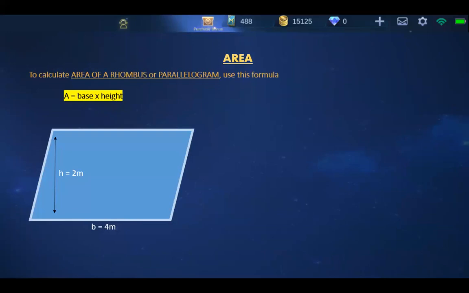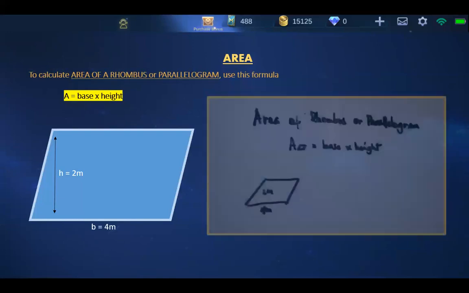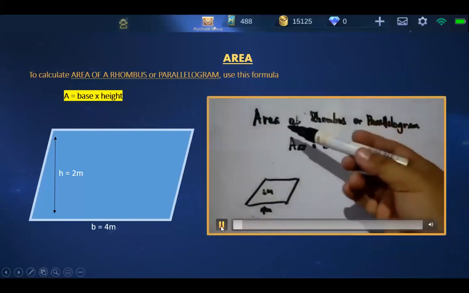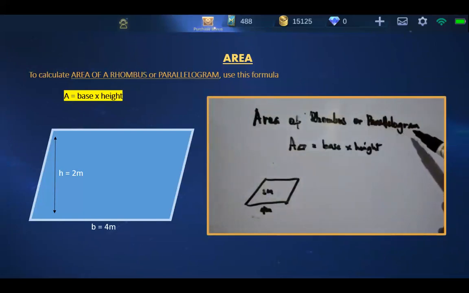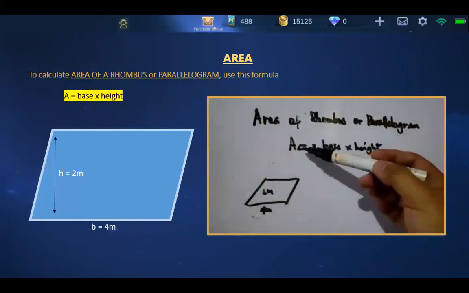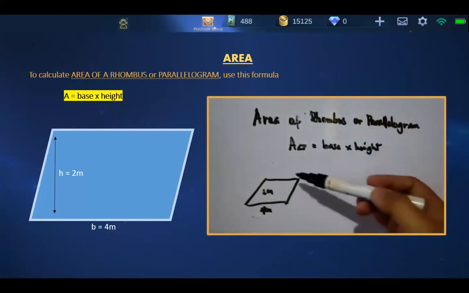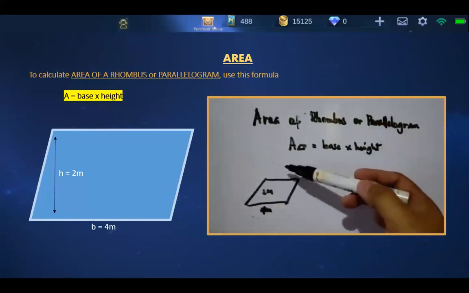To calculate the area of a rhombus or parallelogram, use this formula. Area of a rhombus or parallelogram is equal to base times height. To compute the area of a rhombus or parallelogram, the formula is area is equal to base times height. So this is our shape, a rhombus shape.